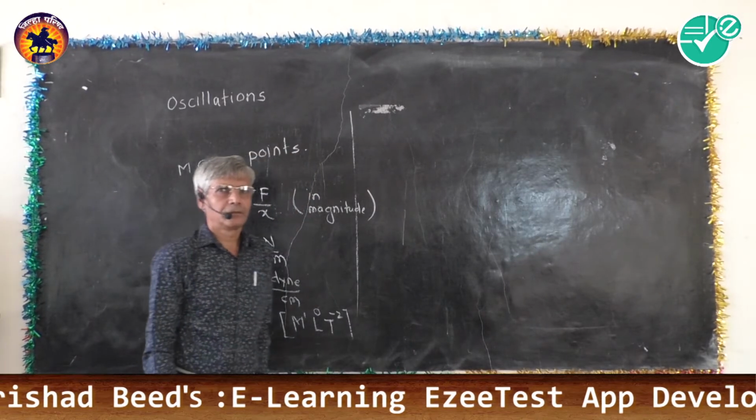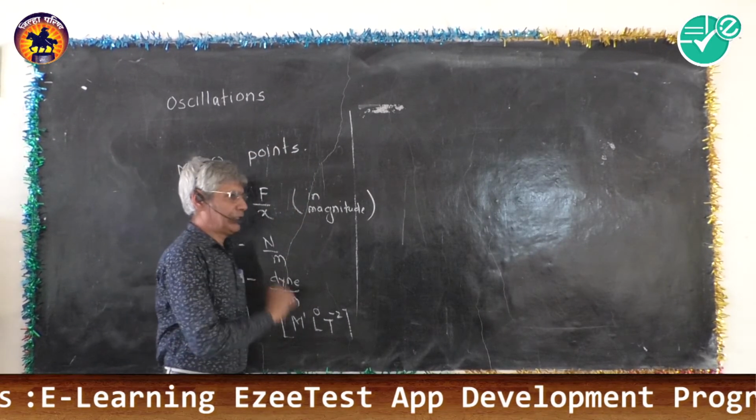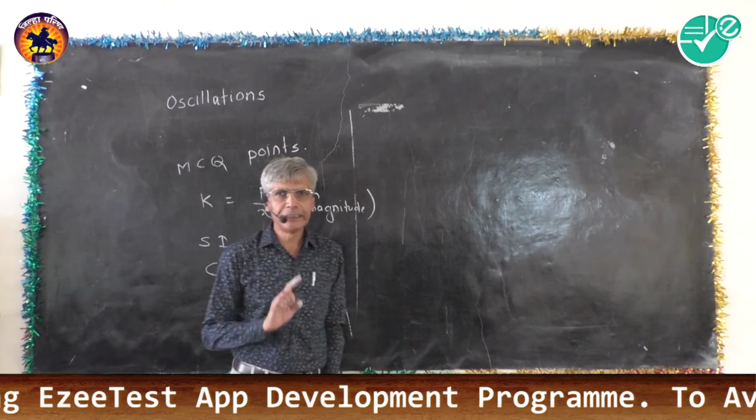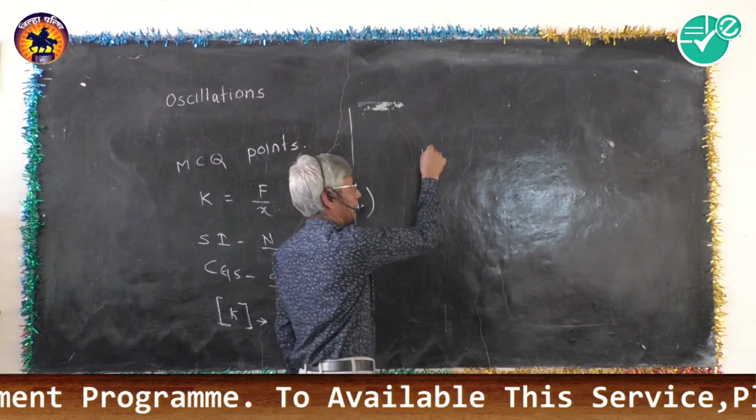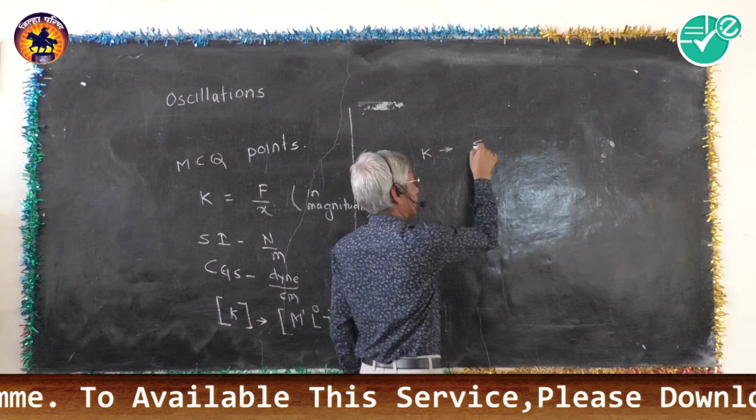Now, for the spring, this force constant K is referred to as spring constant.